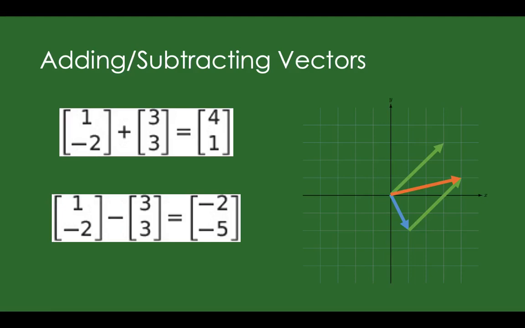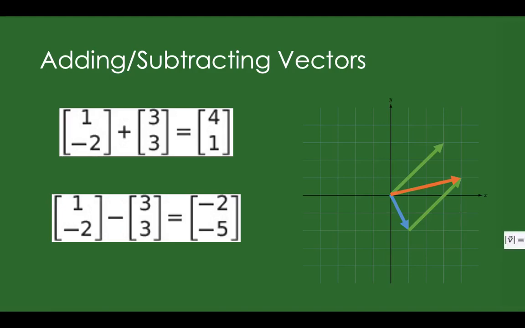So the blue arrow will end and the green arrow will begin. Your resulting vector, that 4, 1 we just solved for, this orange one, will go from the original tail to the green's tip. And that's your actual new vector. Just a nice visual proof of what we're doing here. Subtraction is the same thing, you just subtract them instead of add them.